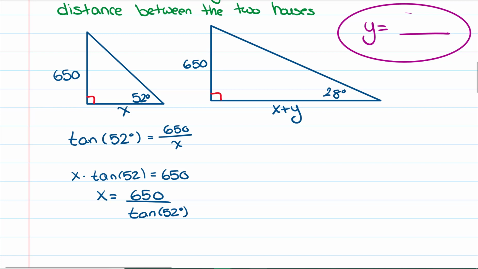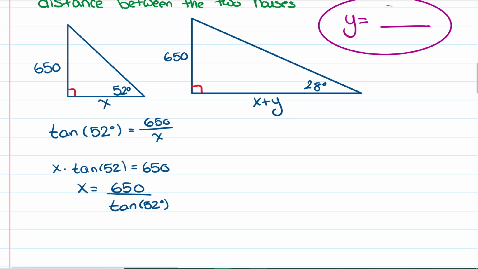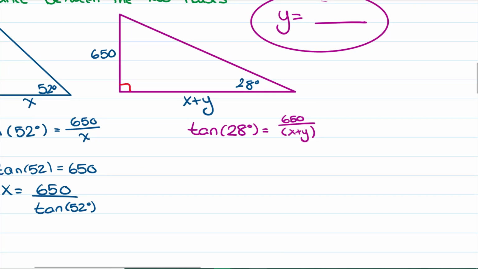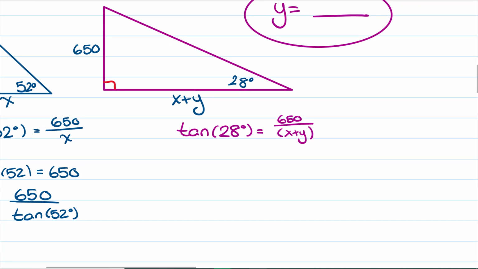Now we're going to set up our second triangle in the same exact way. So this time, over here, I have tangent of 28 degrees is equal to opposite, 650, divided by the adjacent, x plus y. Now my goal is to get y by itself. So step 1, get it out of the denominator. I'm going to multiply both sides by x plus y.